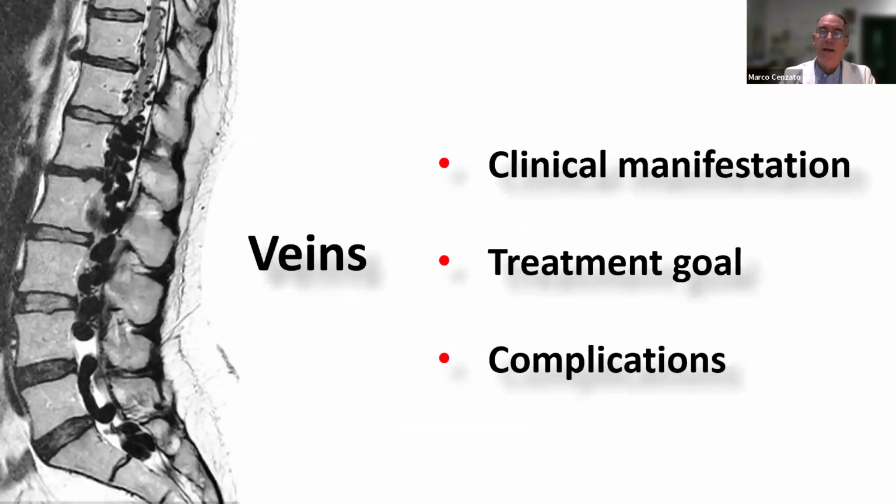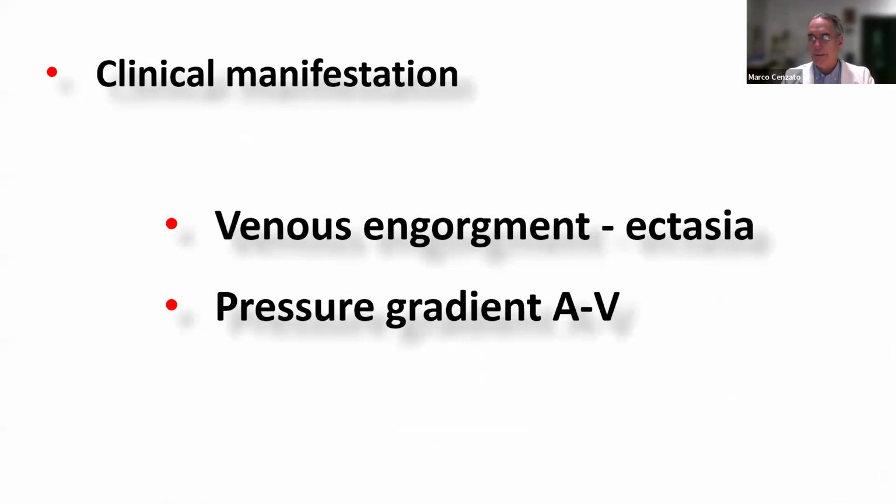As I told you, I would like to focus on the vein, because veins are the main responsible for the clinical manifestation. They are the goal of treatment, because at the end, as in every AVM or in fistula, you have to occlude the vein, and they are more responsible for the complications we had. This is the clinical manifestation.